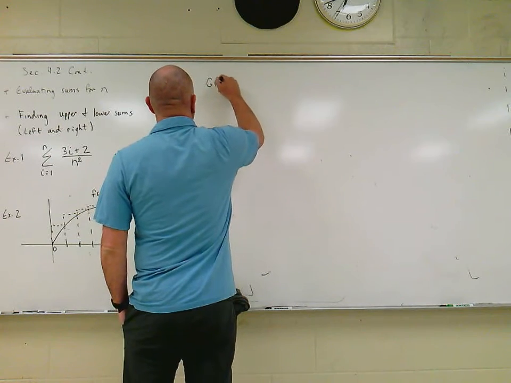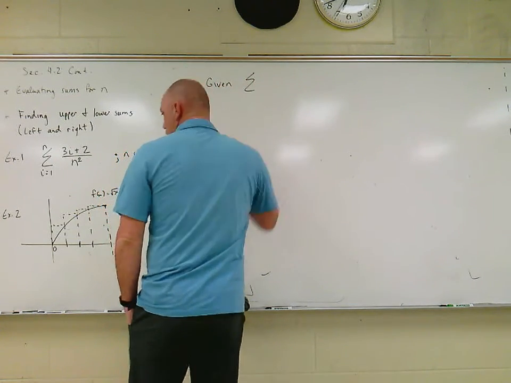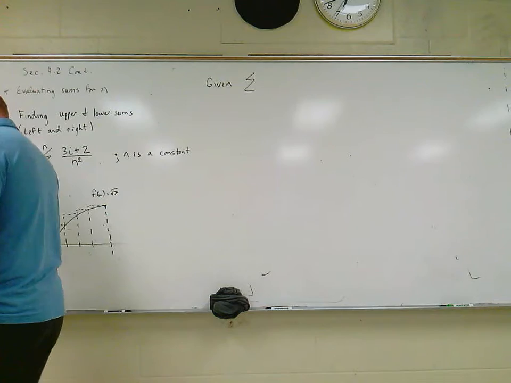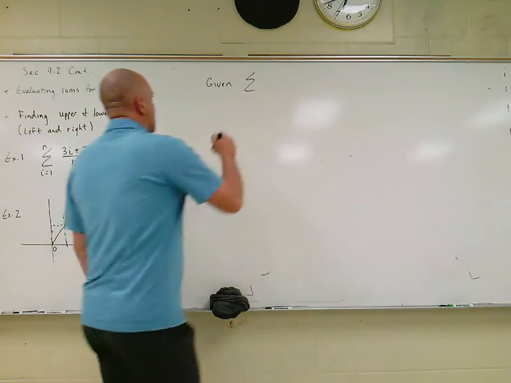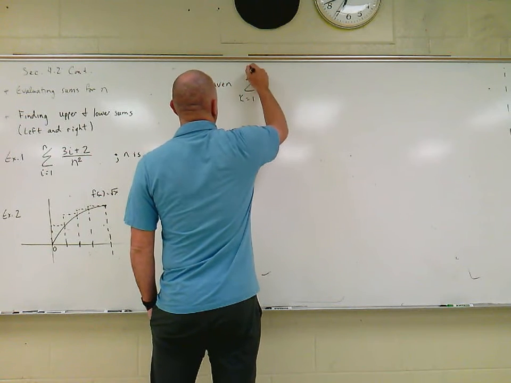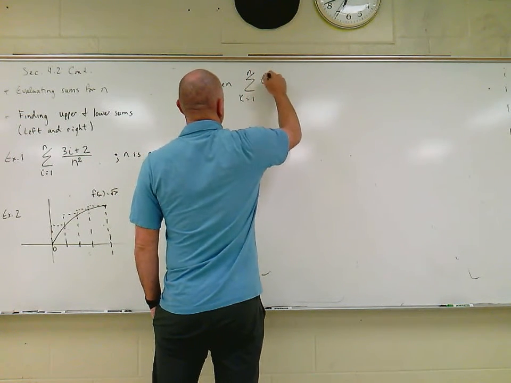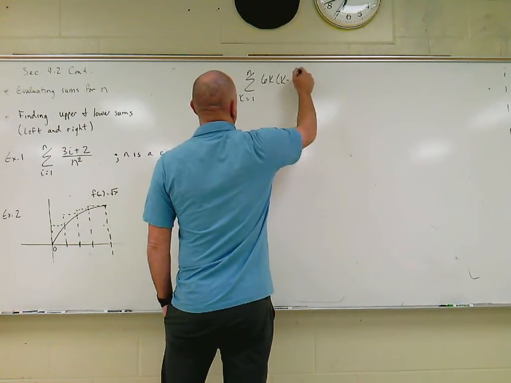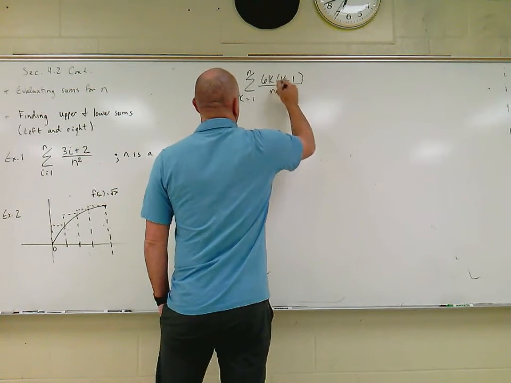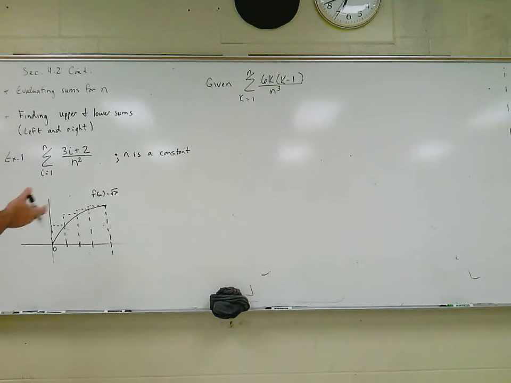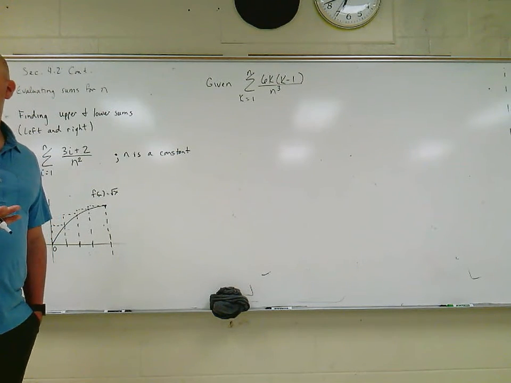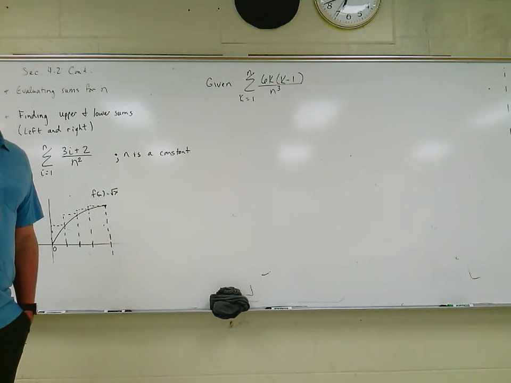So given the sum, and it won't always be i, in this case it could be a k or something. So here, k goes from 1 to n, 6k times (k minus 1) over n cubed. Now, if you don't like the k, change the k to a what? An i.